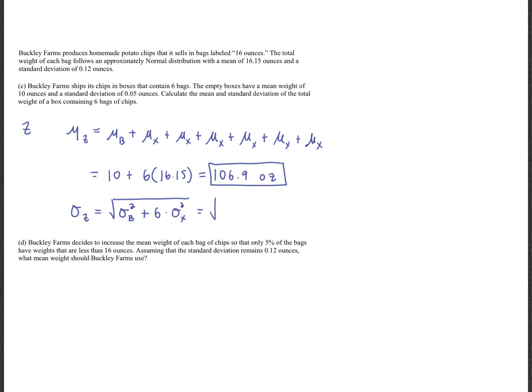So the standard deviation of the box is 0.05. 6 times the standard deviation of the bags of potato chips is 0.12. Okay, if you do that in the calculator, you get 0.298 ounces.